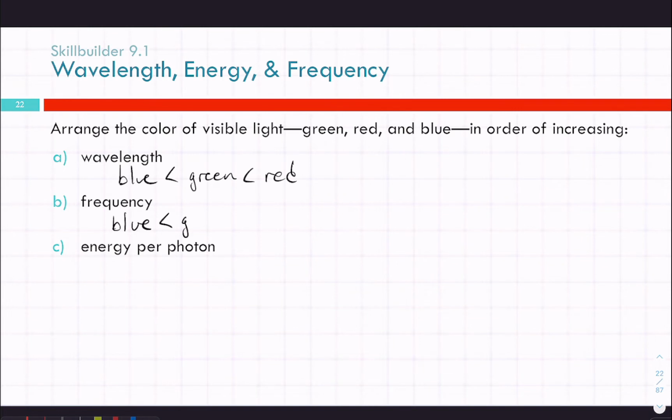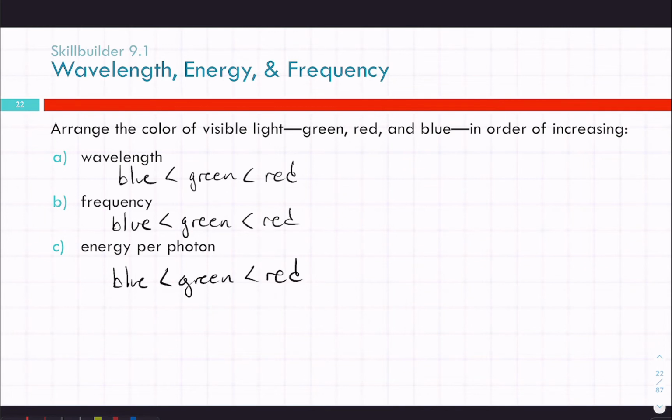Sorry. Green, and then red. And then the energy per photon. It's the same again, yeah. Green, and then red.